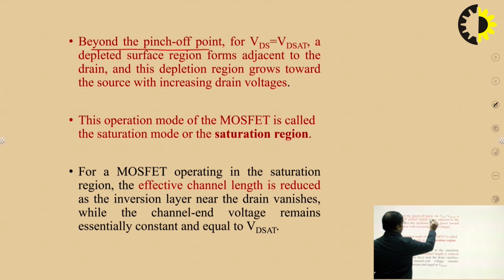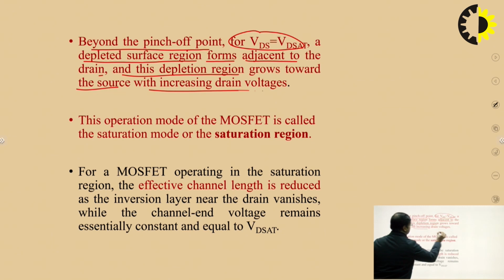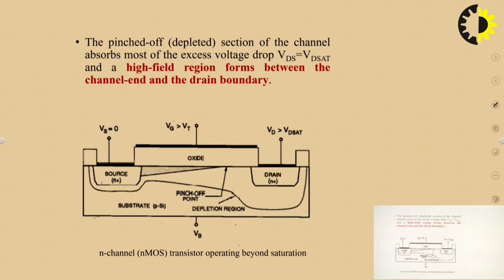Beyond the pinch off point, a depleted surface region forms adjacent to the drain, and this depletion region grows towards the source with the increasing drain voltage. This depletion region grows towards the source, as can be seen. There is no channel in this region as the VD is greater than VD saturation value.